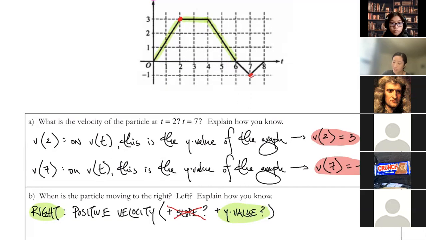Yeah, velocity is 0. So we want to exclude those from our answer. So we'll say parentheses 0 all the way to 6 and close it with a parentheses. Okay.